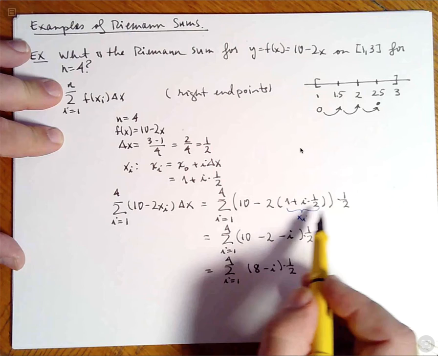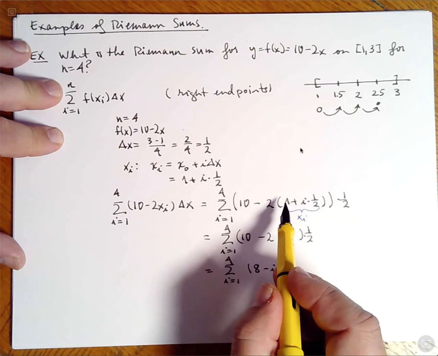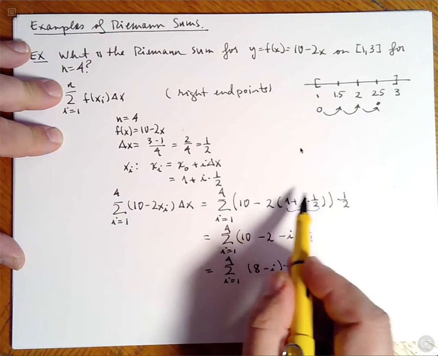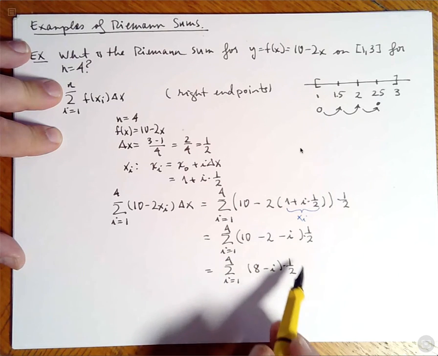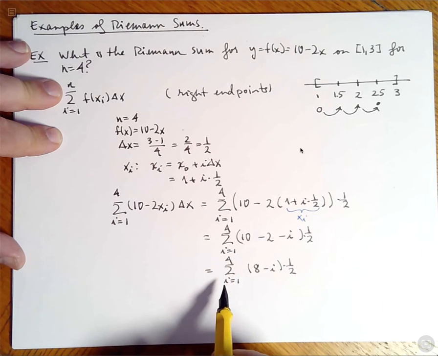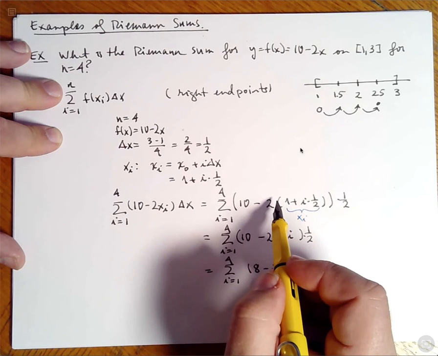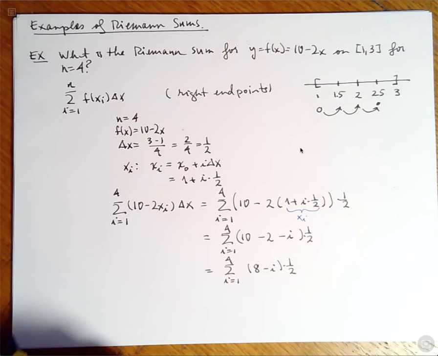If this is all I showed you, you could see that my xi start at 1 and increase by 1/2. So you could get a sense of what the interval is just from looking at this sum, whereas you can't see that here. At this point, this is the answer that I want.